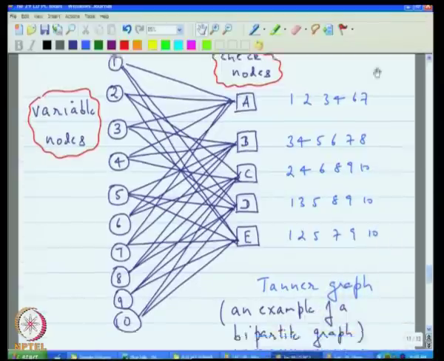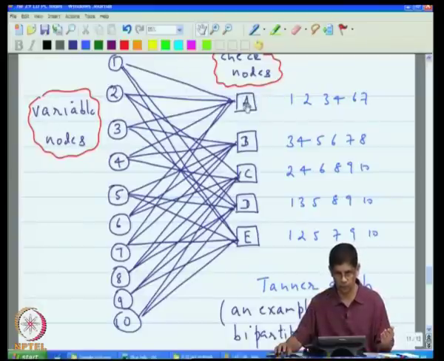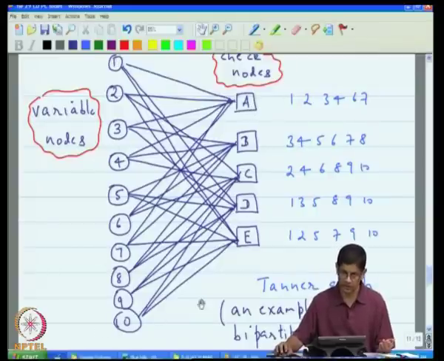And in terms of the graph, the fact that this is a dV-dC regular code manifests itself in terms of the degree of the nodes. So, every node on the right has degree equal to 6. The degree of a node is equal to the number of nodes to which it is connected through edges or links. So, each node on the right has degree 6, each node on the left has degree 3. Okay.